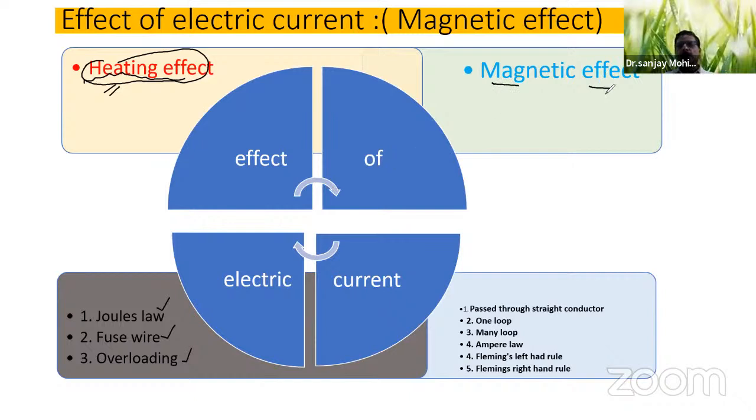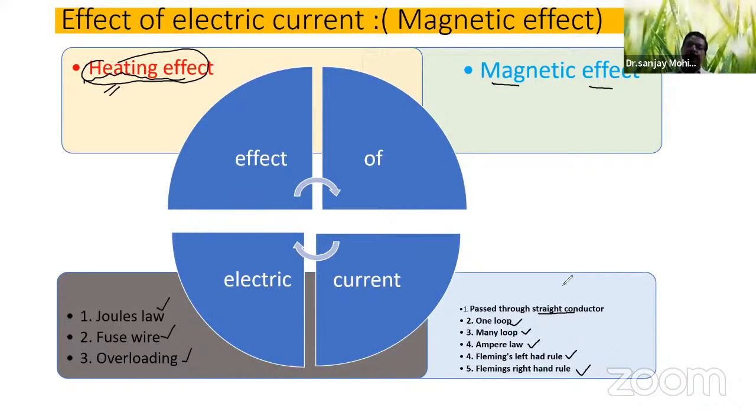Another is called the magnetic effect. When the current is passed through the conductor, the magnetic field is generated. In this magnetic effect, in the 10th standard, we are going to learn if different varieties of conductor are there. Suppose we have a straight conductor, what will be the direction of the magnetic field; if one loop, many loops, Ampere law, Fleming left-hand rule, and Fleming right-hand rule.